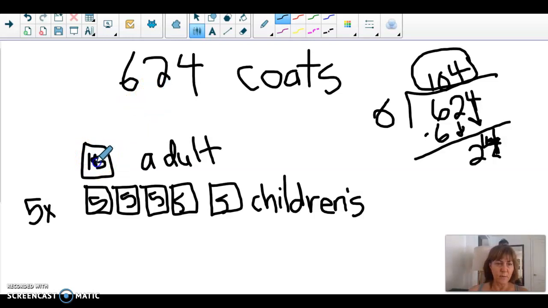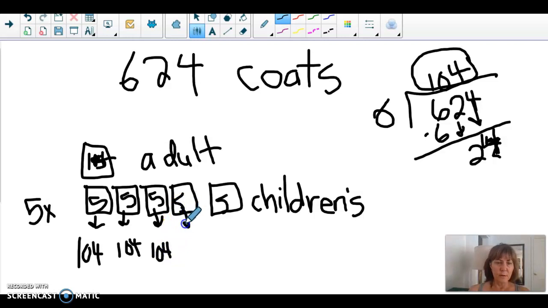So this one's worth 104. This one's worth 104. This one's worth 104, right? This one's worth 104.